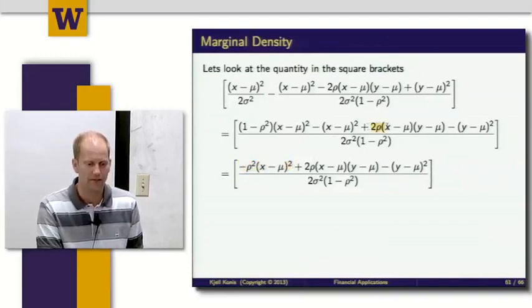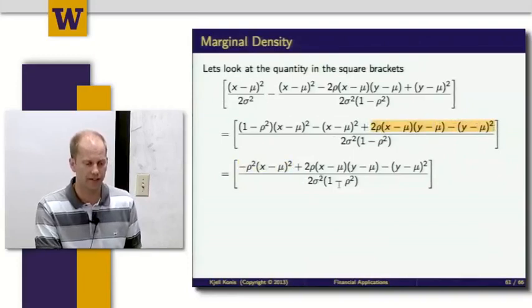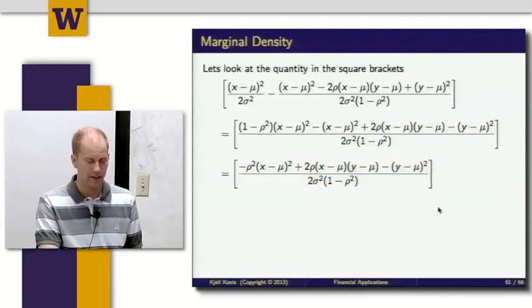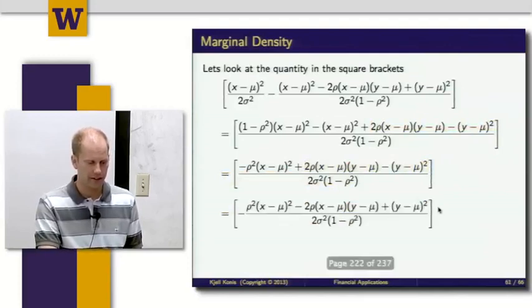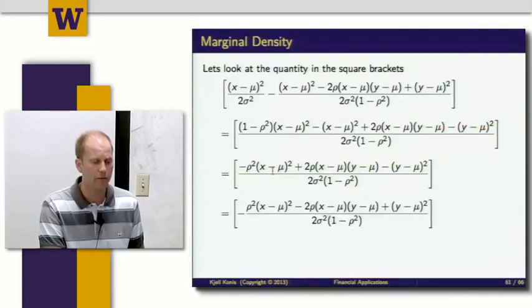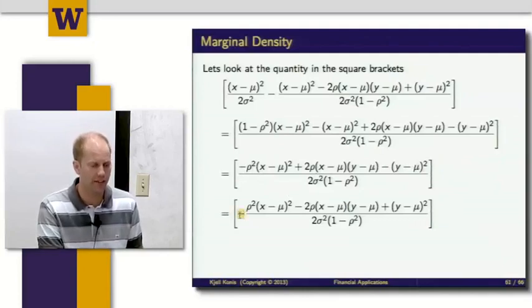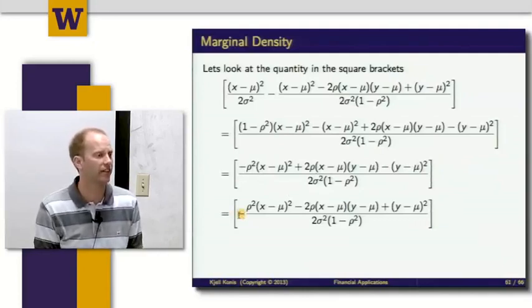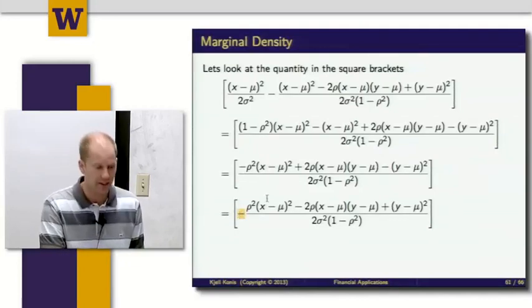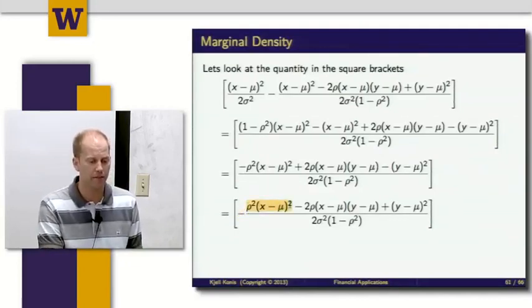I have everything else still staying the same here. And let's see, what have I done? So now I multiplied the numerator by -1, and then I'm going to cancel that out by multiplying the whole fraction also by -1. So that made my first term positive, second term negative, third term positive.